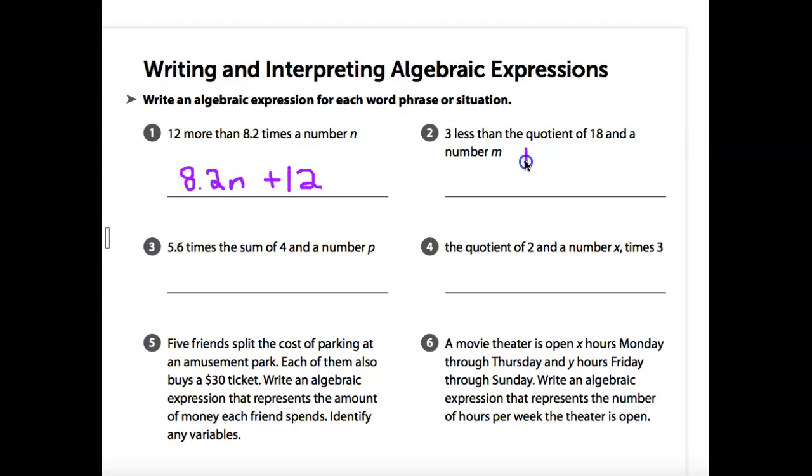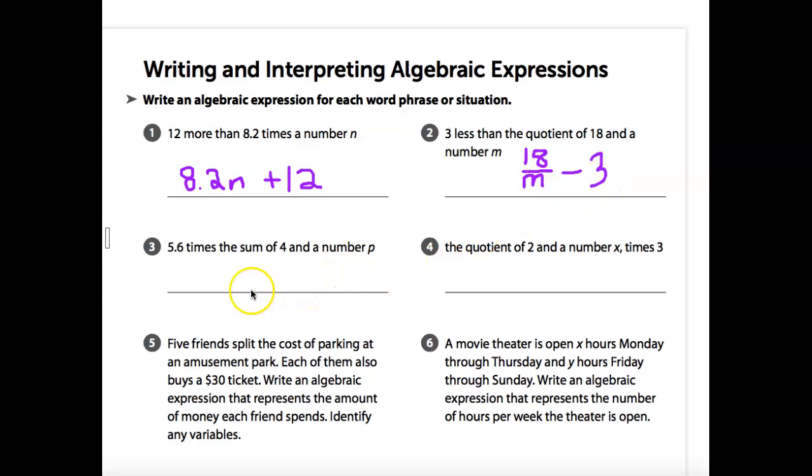So 18 divided by m, and then we have to do the 3 less. 3 less means subtraction. So we've got 3 less than the quotient 18 over m. We would solve this first if we knew what m equaled and then subtract 3.